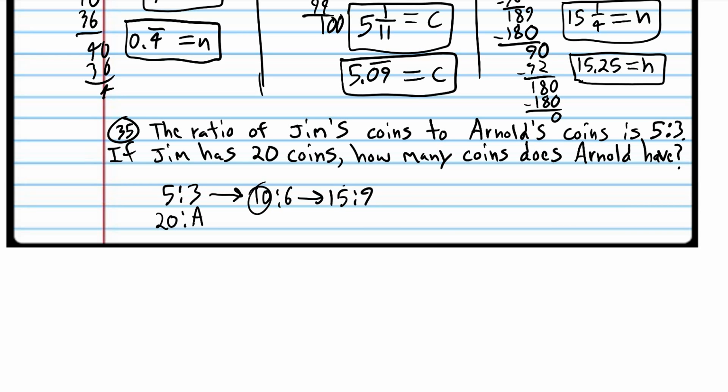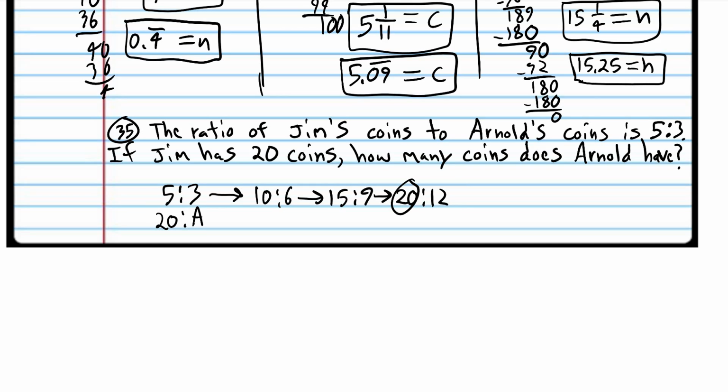We want this number to be 20. It's not 20 yet. So now multiply both these numbers by 4, and you get 20 to 12, and that's what we're looking for. So now Jim has 20 coins, and we can see that the answer to the problem is 12, because we know if Jim has 20 coins, Arnold has to have 12 coins.